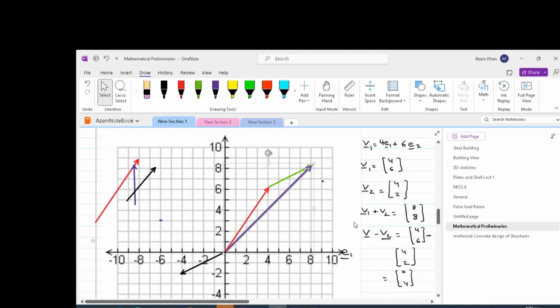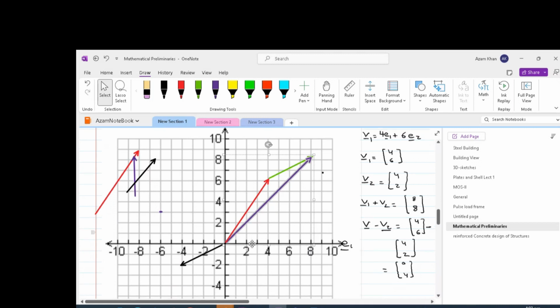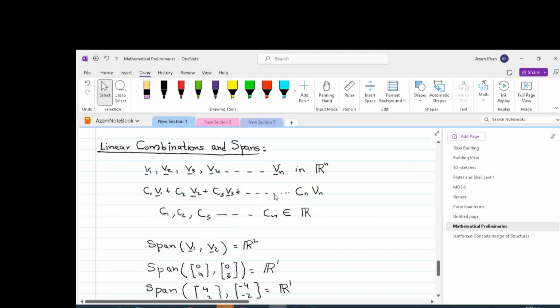Please notice that this is also a type of linear combination where the values of c1 and c2 are equal to 1. In other words, in the linear combination equation, if we take c1 up to cn equal to 1, then it will give us the resultant of all the vectors within a space.